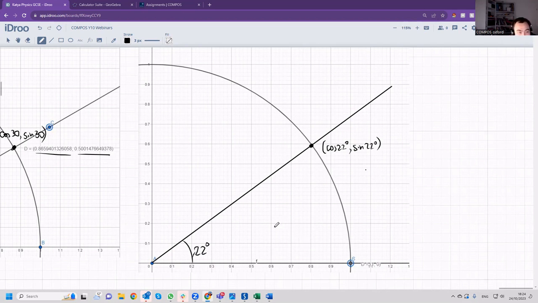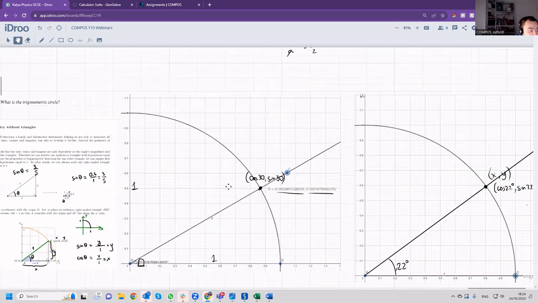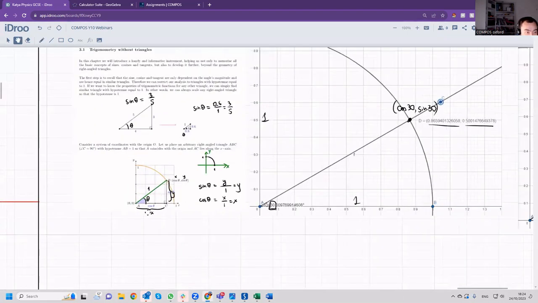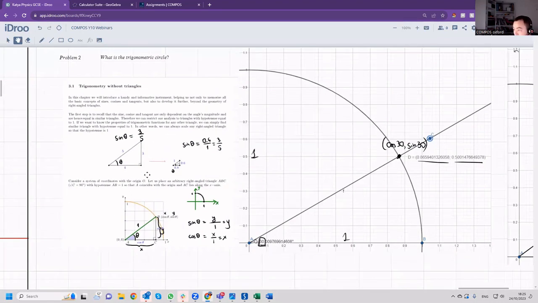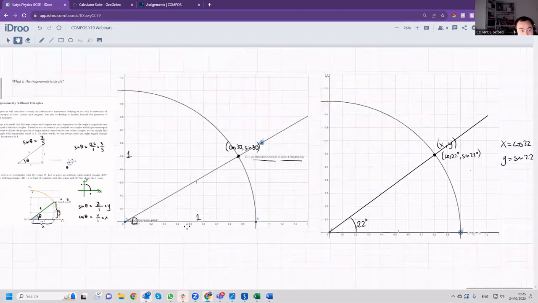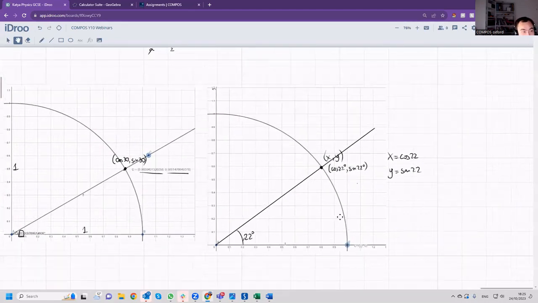The cosine of this angle is the x coordinate. This point has coordinates x, y. And it turns out that x is cosine of 22, and y is sine of this angle. The proof is in the paper, but I really want you to understand what's going on.